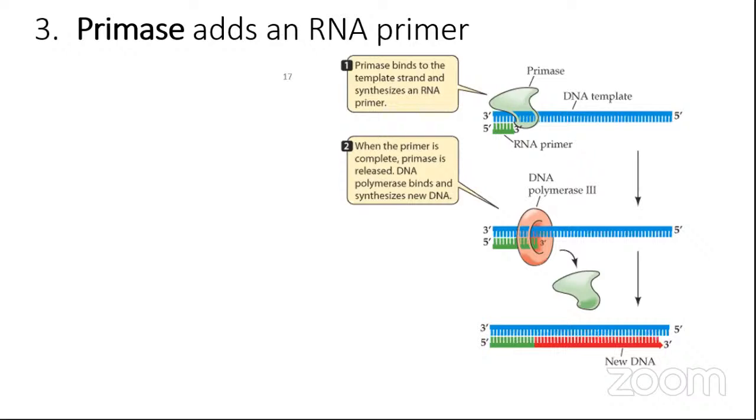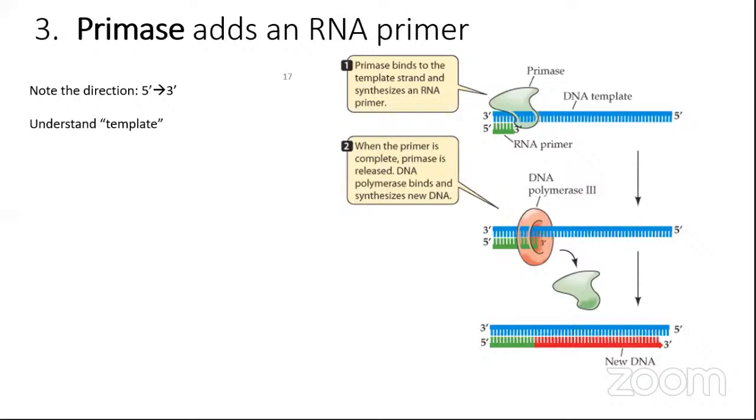So this primase binds to the template strand and synthesizes an RNA primer. So once this RNA primer is synthesized, and once the DNA polymerase finds some free 3' OH ends, it joins to that 3' end, and it starts to extend the nucleotide chain. And once this is formed, this primase moves out.